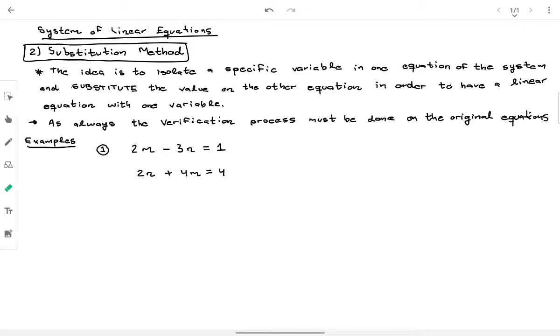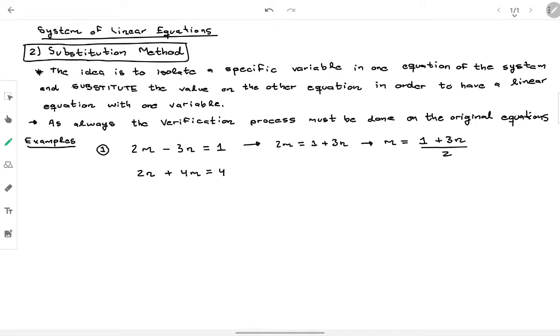So let's see. On the first exercise that we have, I will decide to isolate the m in the first equation. So it's going to be 2m equals 1 plus 3n. And after that, it's going to be m equals 1 plus 3n, all of it divided by 2.